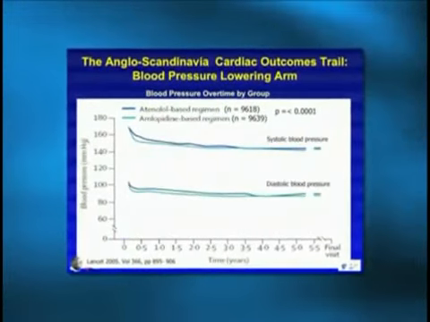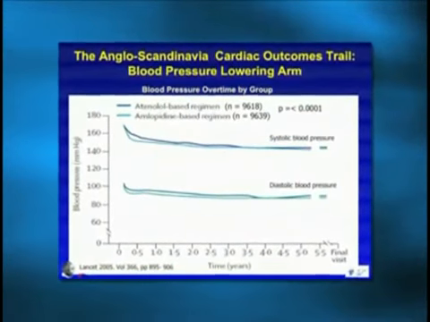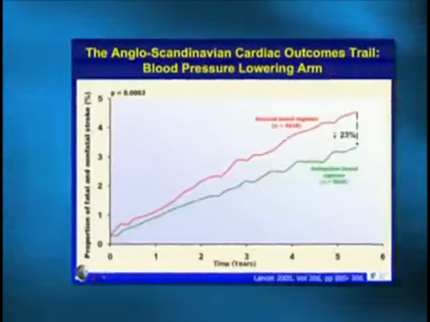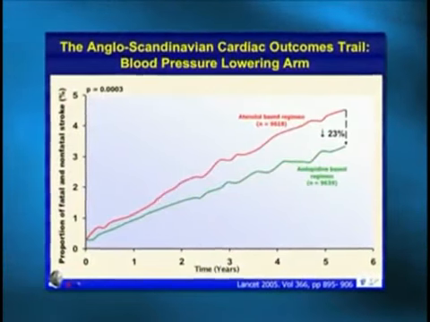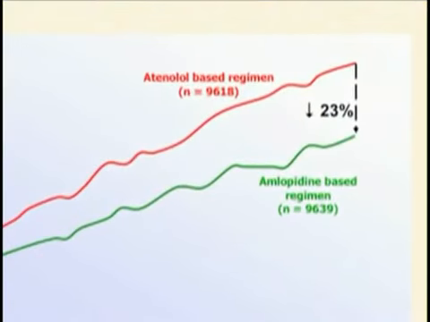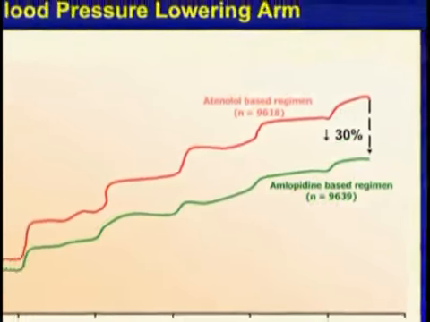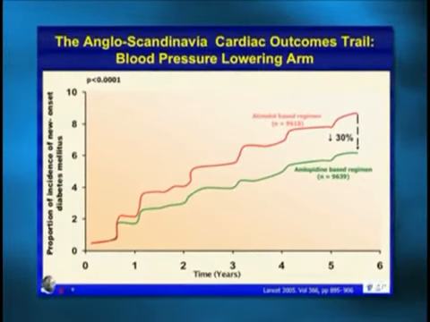They are almost identical, matched for age, sex, and everything else. But at the end of 5 years, the group treated with a certain drug, beta blockers, has 23% more stroke and 30% more diabetics as compared to the second group.